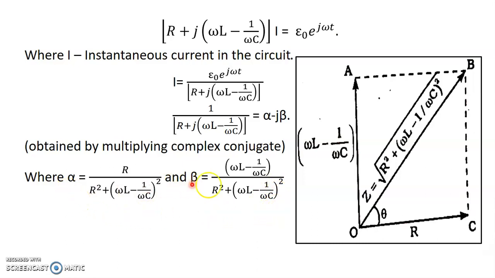Alpha and beta are obtained by multiplying the complex conjugate to this expression.